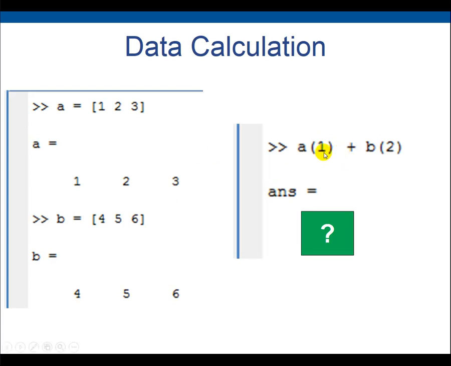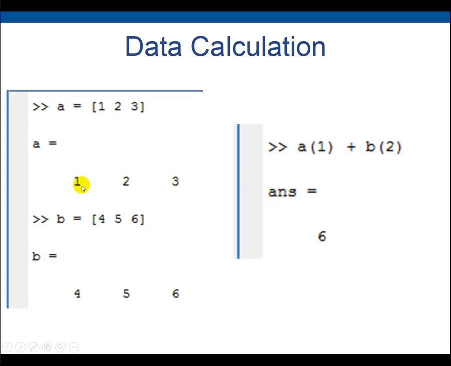And then what is the answer? A1 plus B2. Right, the answer is 6 because for A1, we have 3 data.